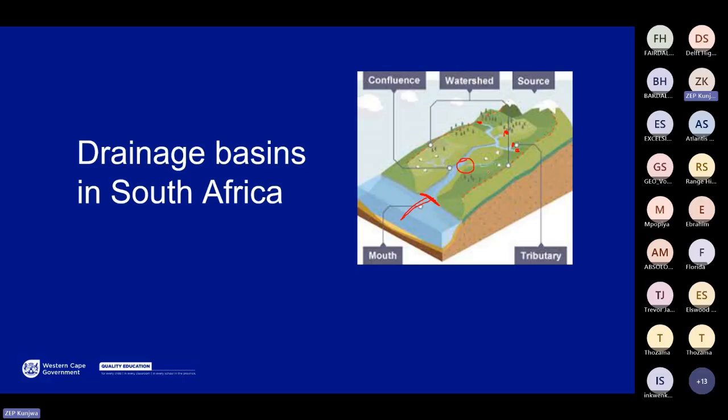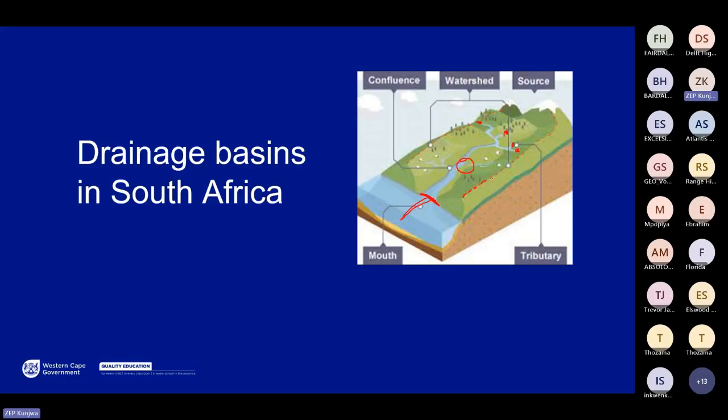And then you have a watershed. A watershed is these red dotted lines. If you can see them here, the red dotted lines, yes, that is your watershed. The watershed is also known as a divide, and is also known as a head, because later on we are going to be looking at headward erosion.